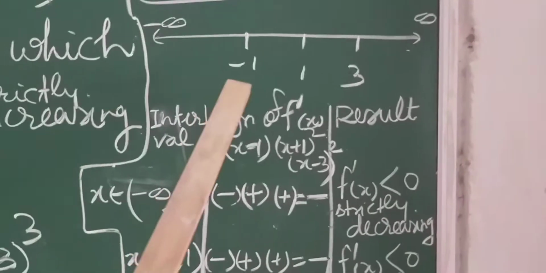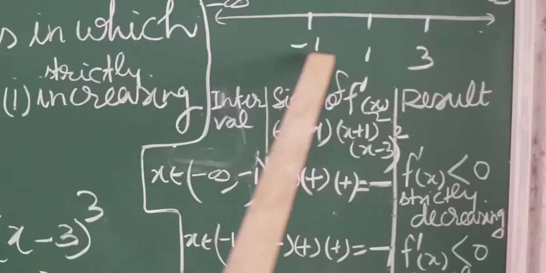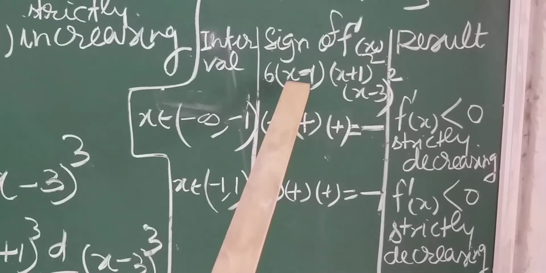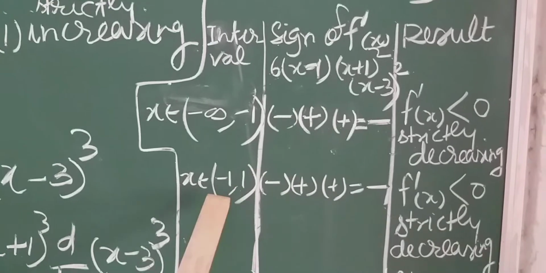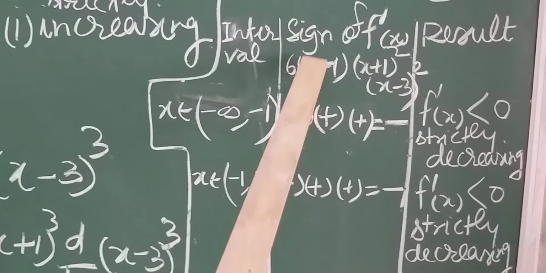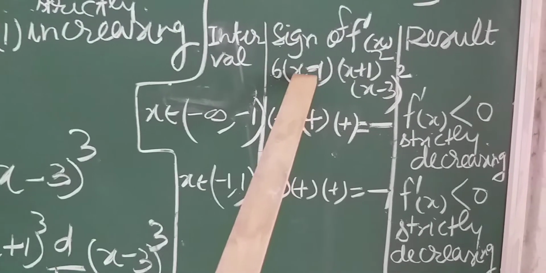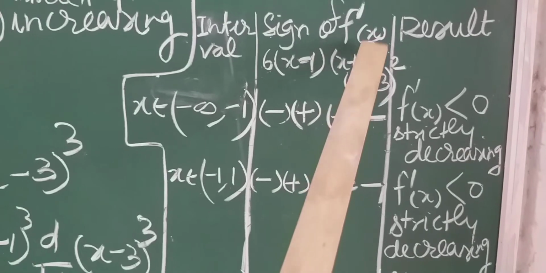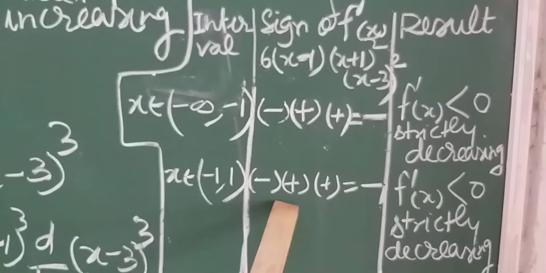Now students, second interval, if x belongs to minus 1 to 1, then let us check the sign. Let us take any value lying between them, 0. So when you put 0, then x minus 1 is negative. When you put 0 here, (0 plus 1) whole square, it is positive, student.